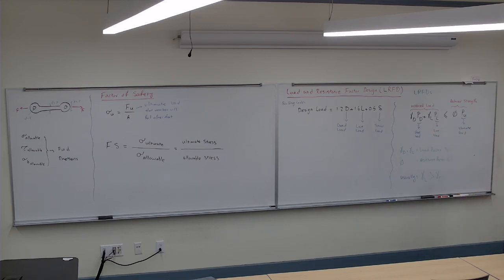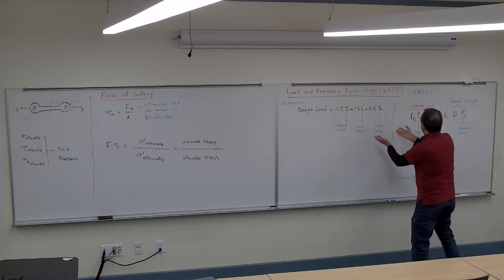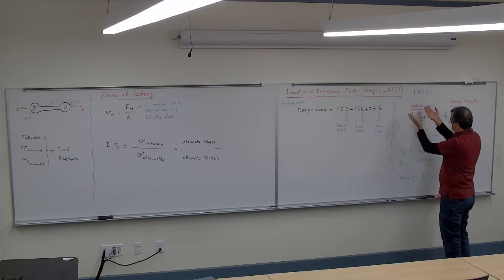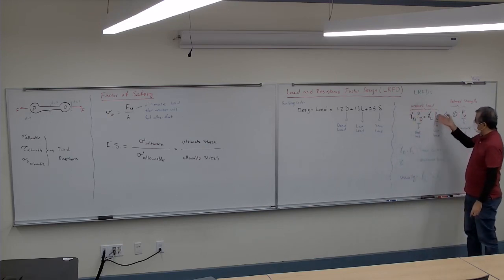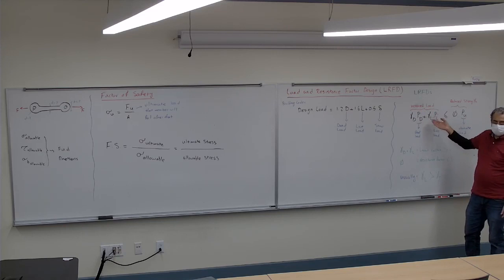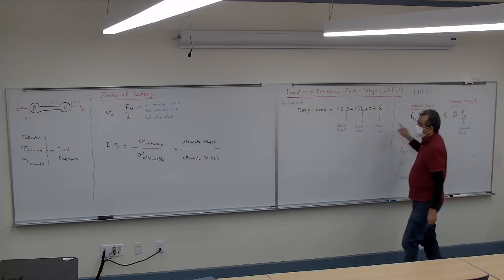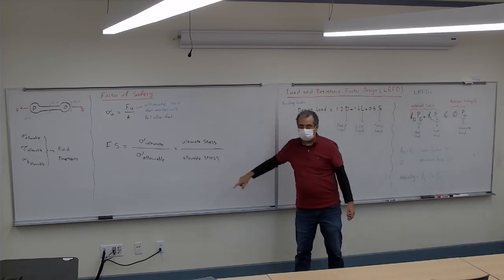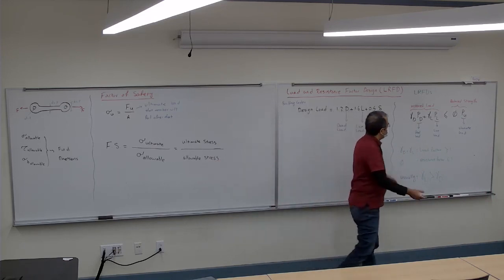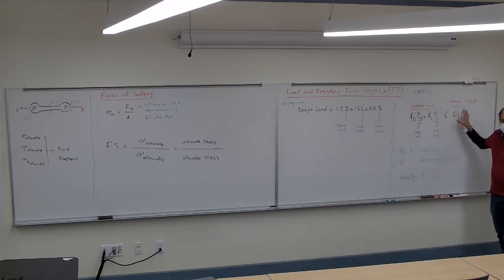So we are going to go there and say, hey, like here, we increase the design load, we increase the dead load, we increase the live load, and then like here, we are going to decrease the ultimate strength of our material. So go both ways.